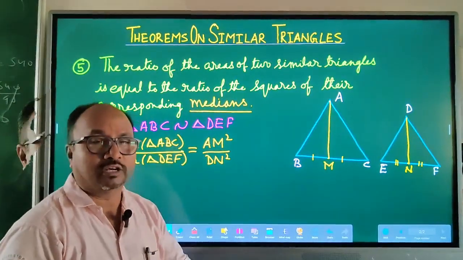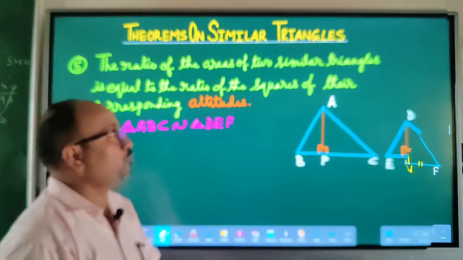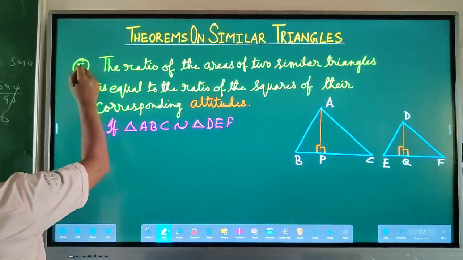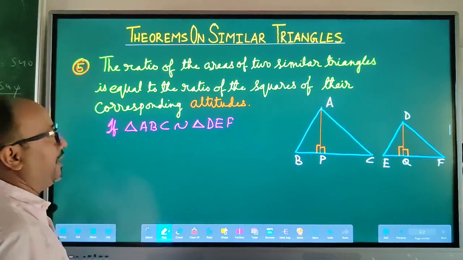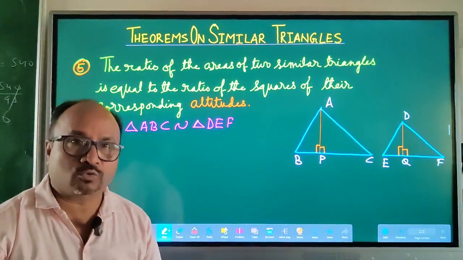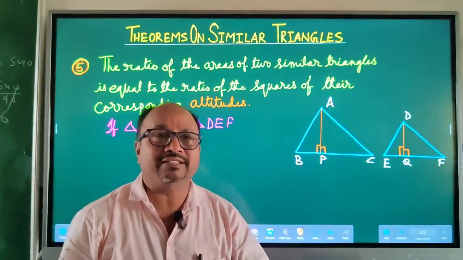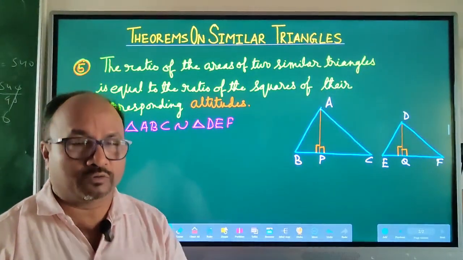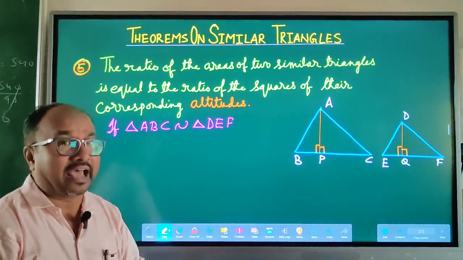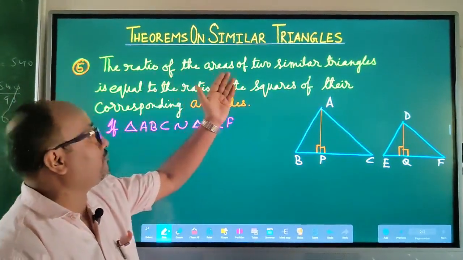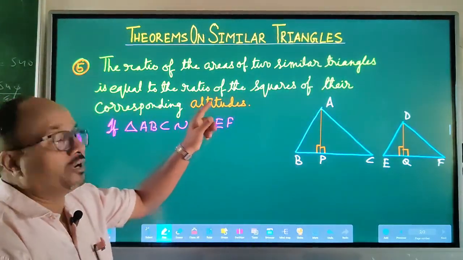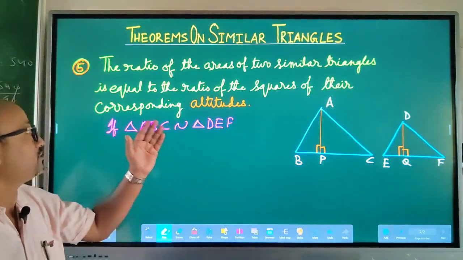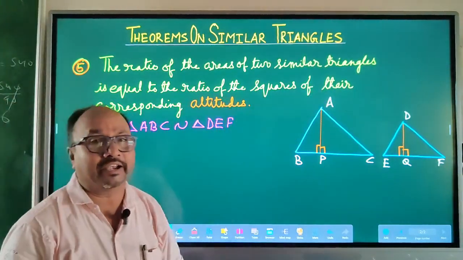Let's move on to the next theorem. So we come to the next theorem, which will be theorem number 6, and similar to the last one, now medians get changed into altitudes. The statement entirely remains the same. The ratio of the areas of two similar triangles is equal to the ratio of the squares of their corresponding altitudes.